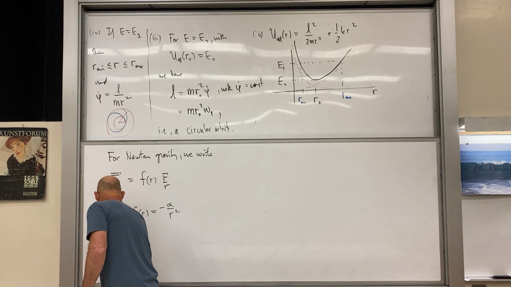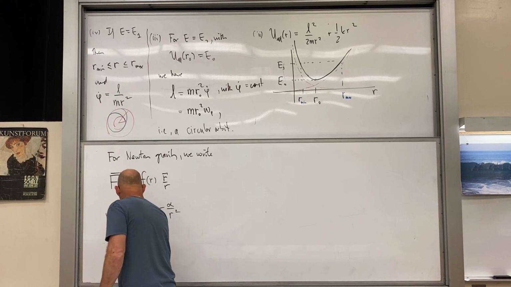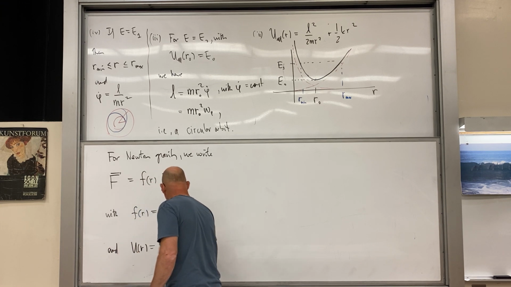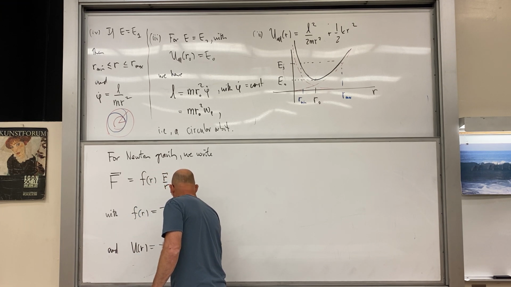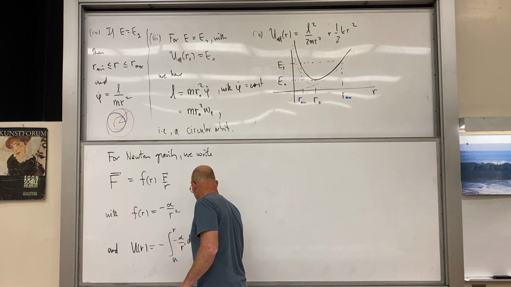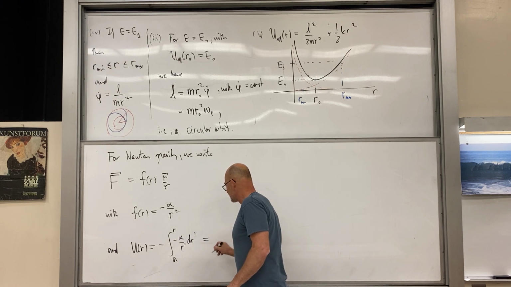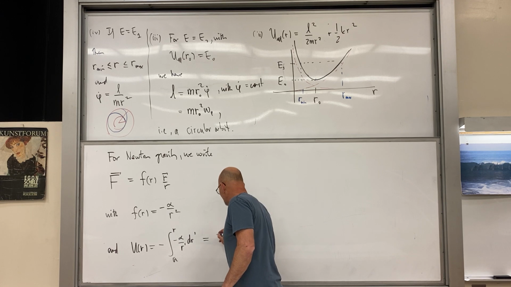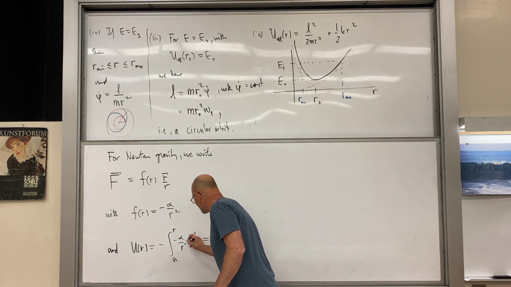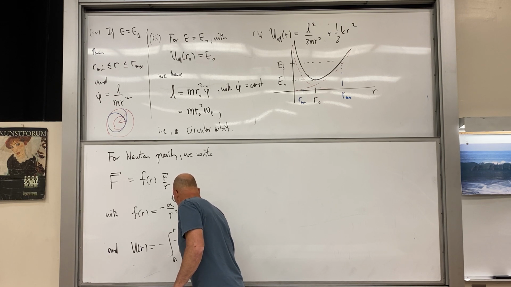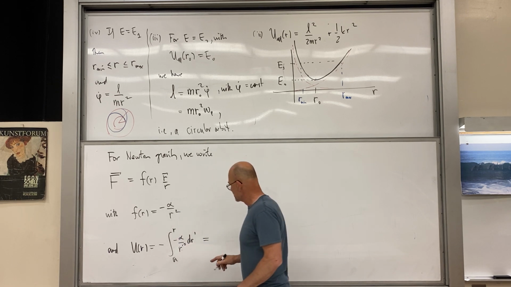and U of R is minus the integral of negative alpha over R prime squared dR prime to R. So we've got the integral of alpha over R prime squared.